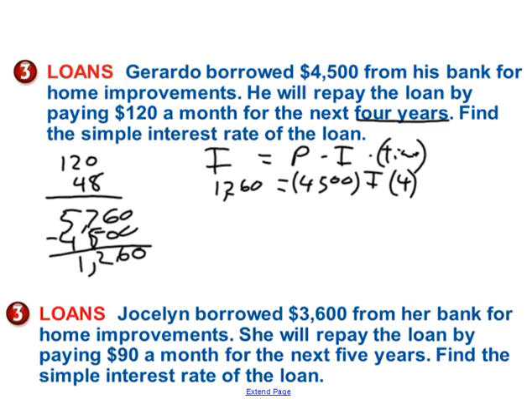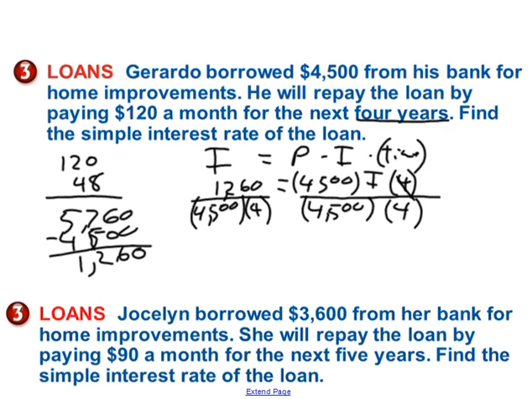All right, I'm going to divide both sides by two things. I'm going to divide both sides by $4,500, and I'm going to divide both sides by 4, the number of years. Over here, these of course cancel out, leaving just the interest rate, and I need to work through that.